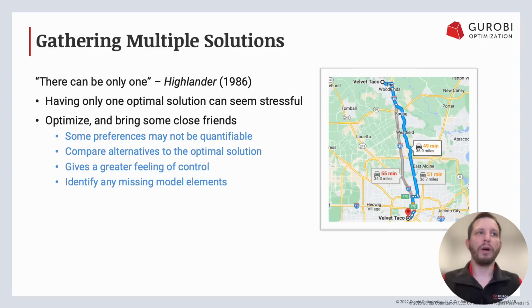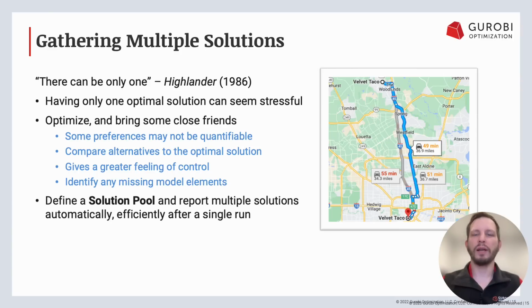This may also help identify any missing model elements, some things that you may want to restrict. We described this in one of the earlier sessions when we talked about the widget problem, and one of the shipment values was 2. That identified something that we may want to implement into the model, and looking at a large swath of solutions may also do that.